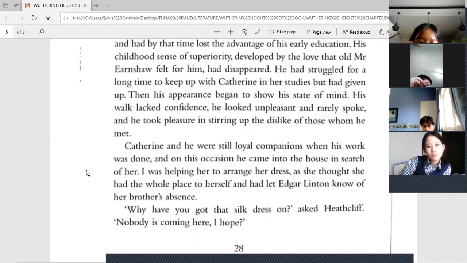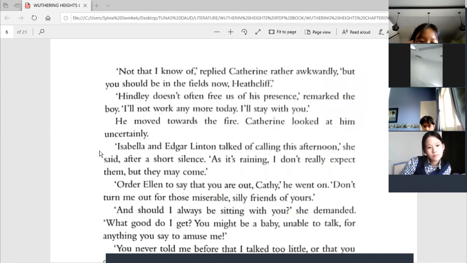"Why have you got that silk dress on?" asked Heathcliff. "Nobody is coming here, I hope." "Not that I know of," replied Catherine rather awkwardly, "but you should be in the field now, Heathcliff. Hindley doesn't often free us of his presence," he remarked to the boys.